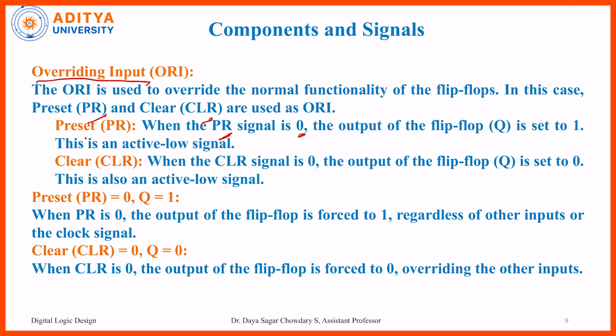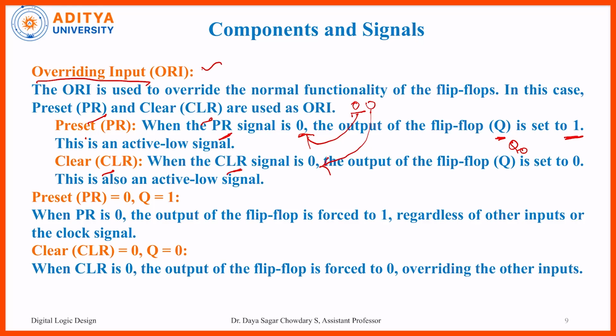Now this is the overriding input. Depending on the overriding input only, I have given the clear information here. If we apply ORI as 0 here, the preset is 0, but forcefully that Q is set to 1. Here the first stage is Q0. Now the same ORI 0 is given to the clear of all the second, third and fourth stages.